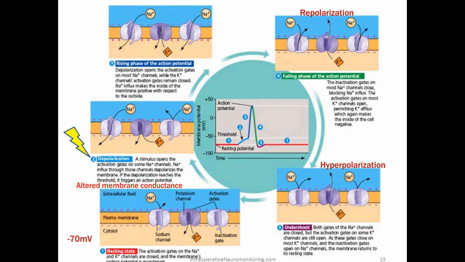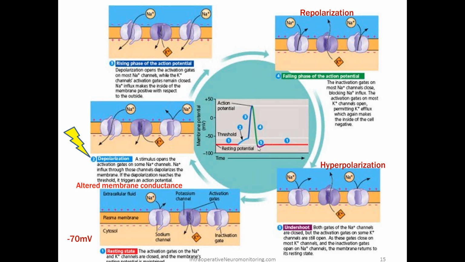So the inactivation gates on most sodium channels close, blocking sodium influx, so no more sodium is allowed in. The activation gates on most potassium channels open, permitting potassium efflux, which again makes the inside of the cell more negative.